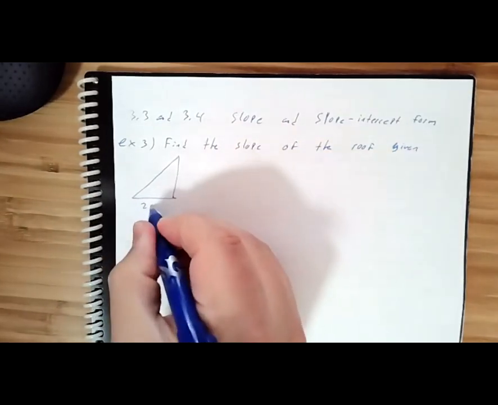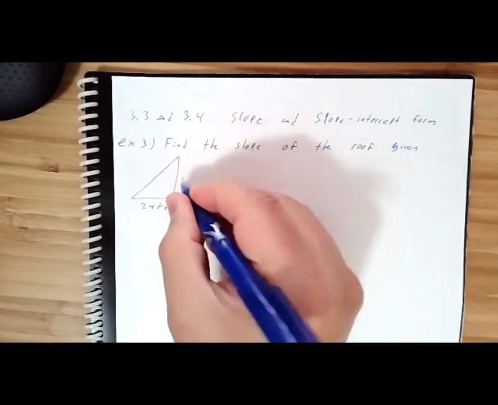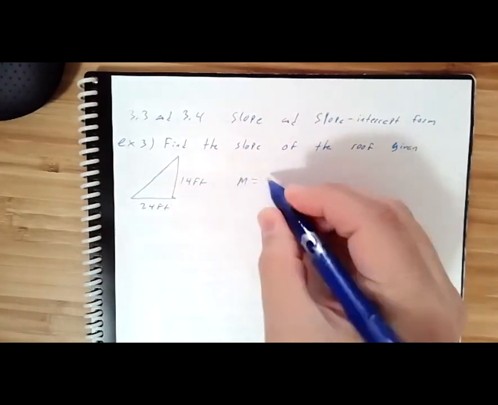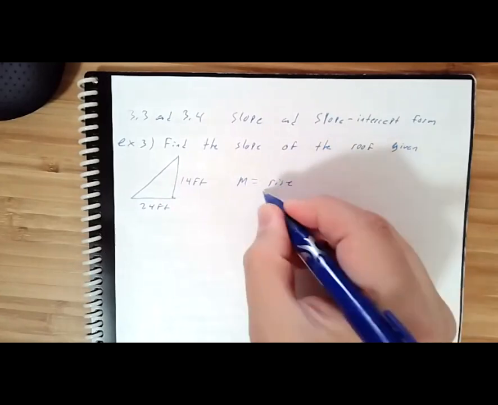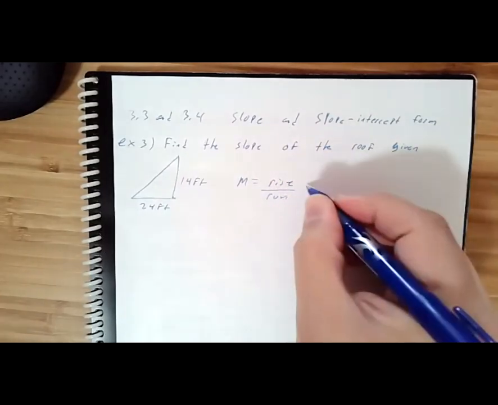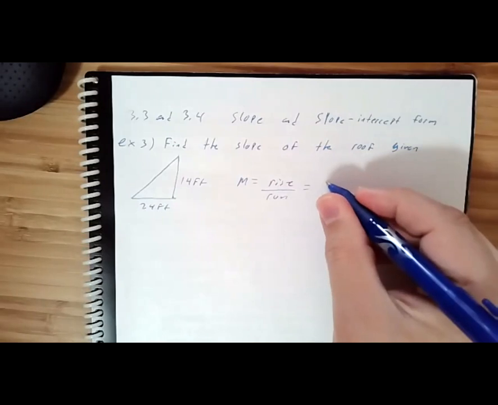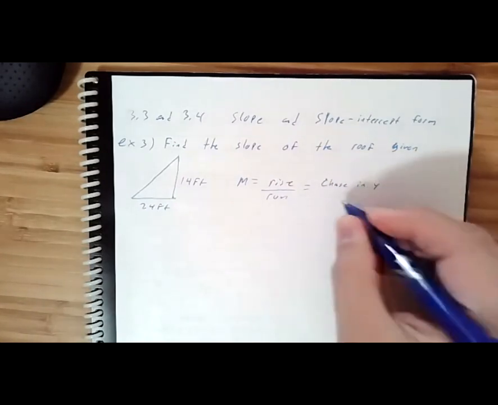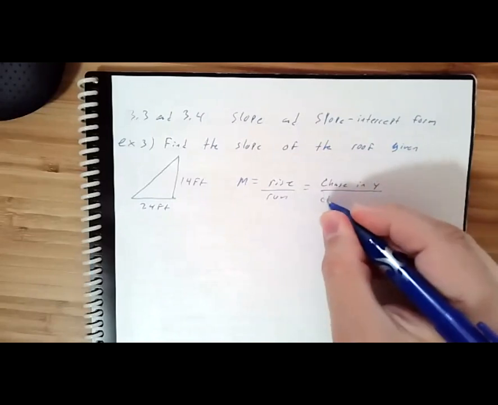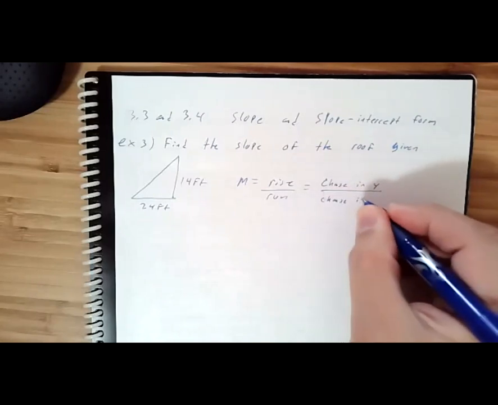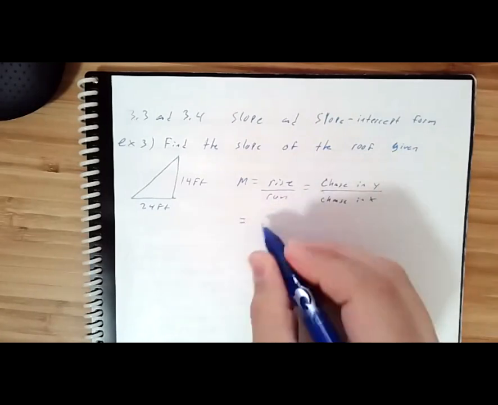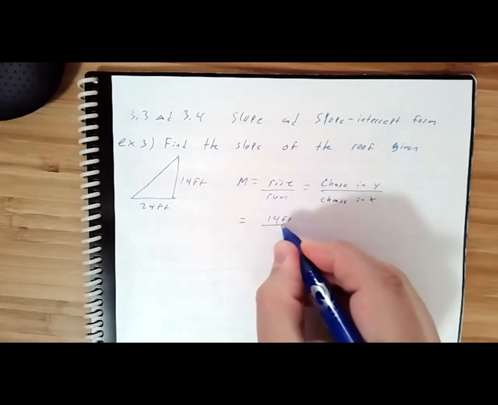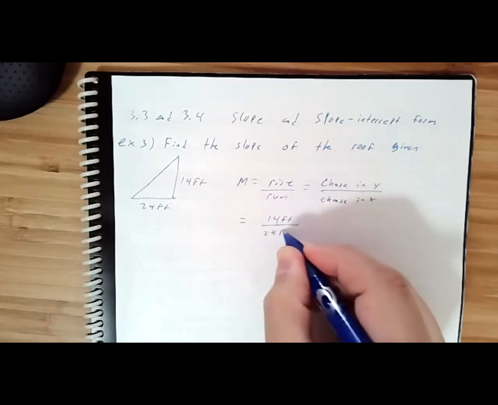This is 24. This is 14. So we should know that the slope is equal to the rise over the run, or the change in y over the change in x, which is going to be 14 feet over 24 feet.